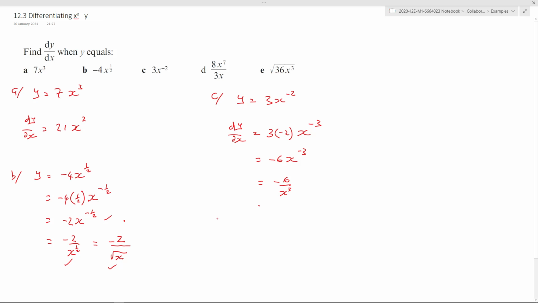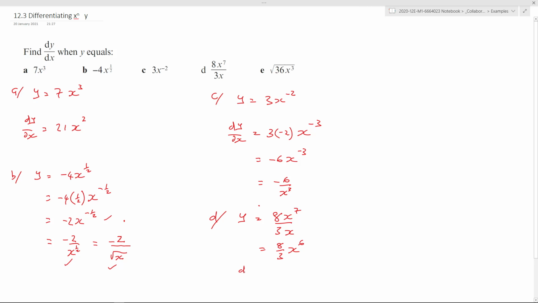Let's look at d. Y is equal to 8x to the power of 7 divided by 3x. So we keep our constants the same, 8 over 3, and got x to the power of, because it's divided, we subtract, so 7 minus 1 gives us 6.